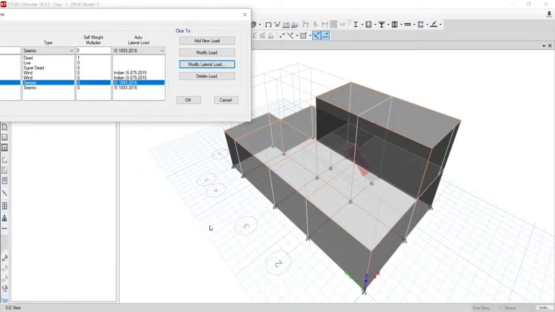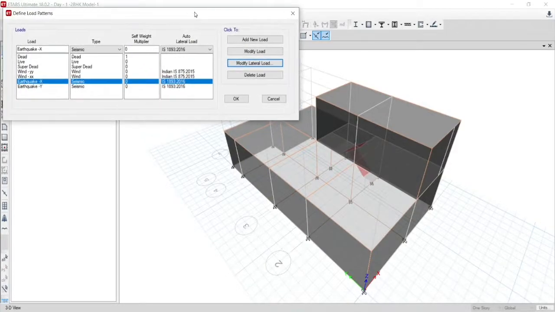If the earthquake is striking this building, what happens? It strikes the center of mass, and it does not act exactly at the center of mass. The earthquake might act at some eccentricity for these 2 floors. So we have to use at least 0.05 of eccentricity.